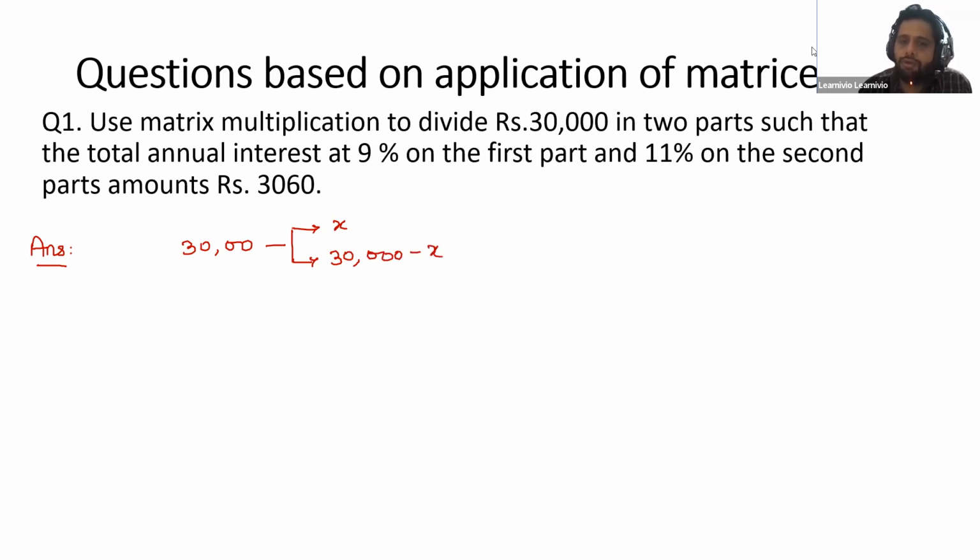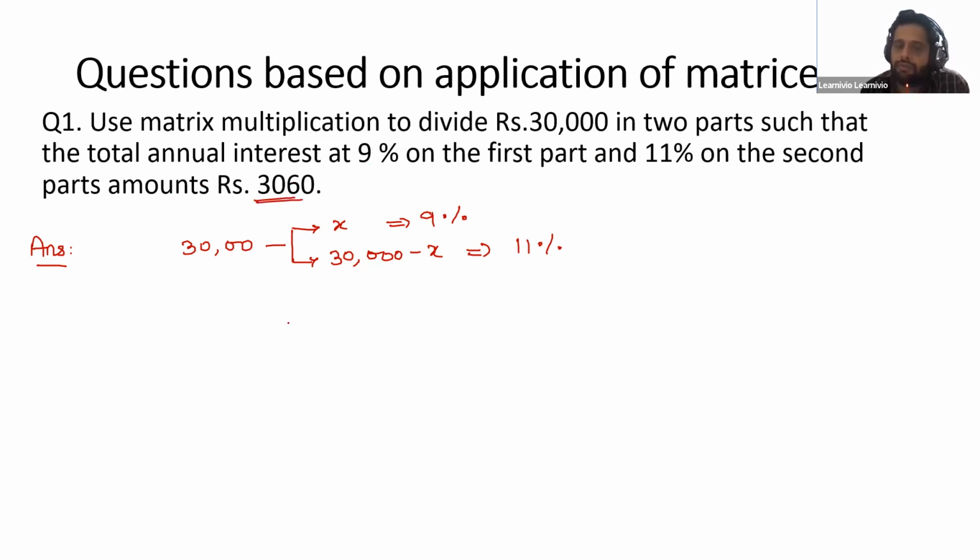Now the annual interest on the first part is 9%, and on the second part the annual interest is 11%. And they're saying use matrix multiplication to divide this into two parts such that total annual interest at 9% on the first and 11% on the second part amounts to rupees 3060.